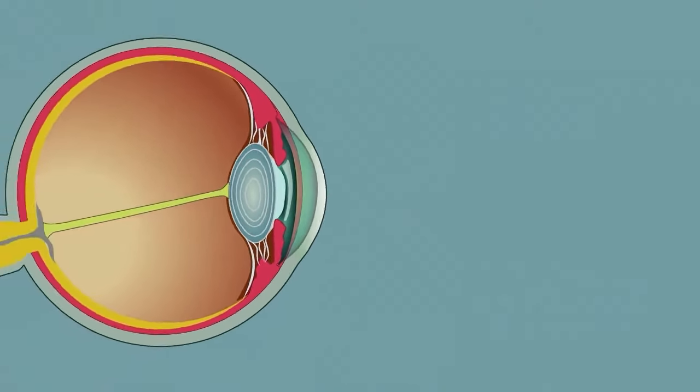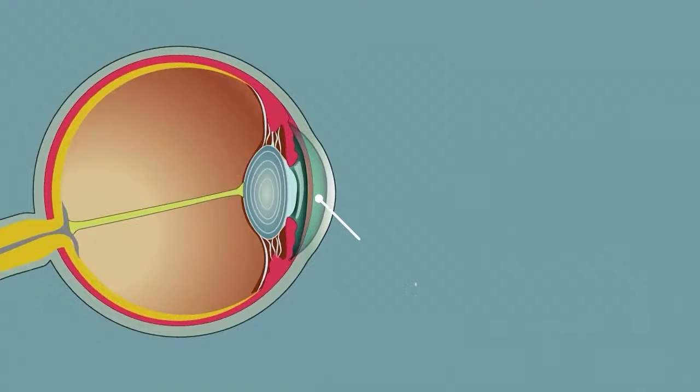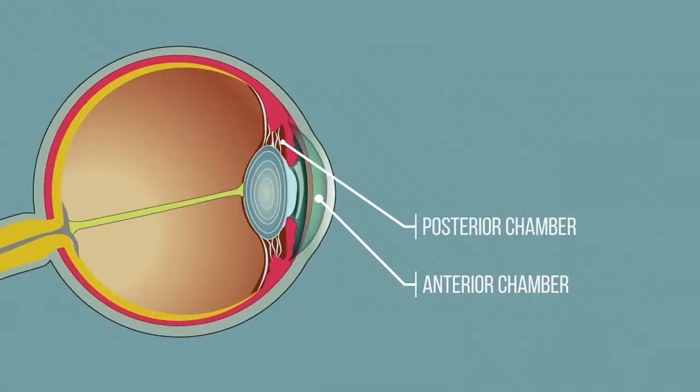Supporting this process are two fluid-filled chambers, the anterior chamber, located between the cornea and the lens, and the posterior chamber, or vitreous cavity, which fills the space between the lens and the retina. The aqueous humor fills the anterior chamber, maintaining intraocular pressure and providing nourishment, while the vitreous humor, a gel-like substance, helps to preserve the eye's shape and keeps the retina in close contact with the underlying tissue layers.